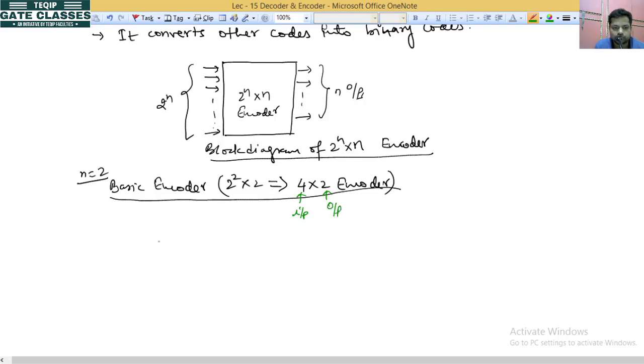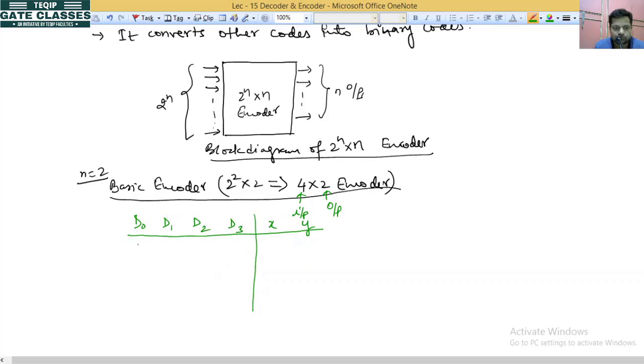So if we are going to make the truth table, it will be D0, D1, D2, D3, and the output will be XY, because it is the reverse of what? It is the reverse of the decoder. Okay na? So it will be the reverse of a 2x4 decoder.